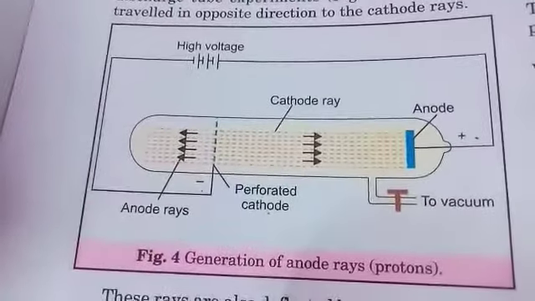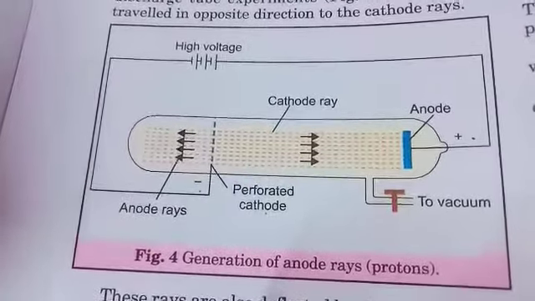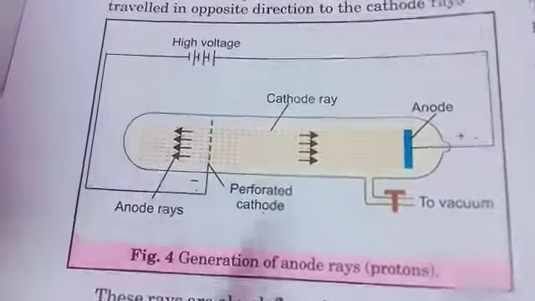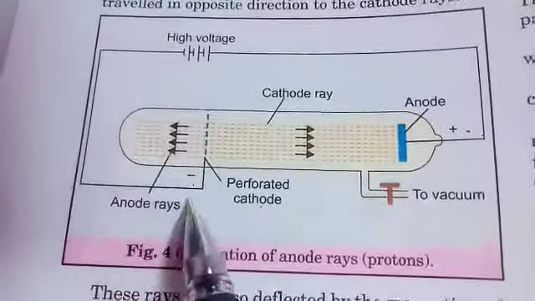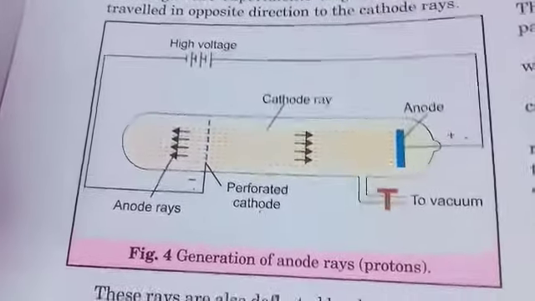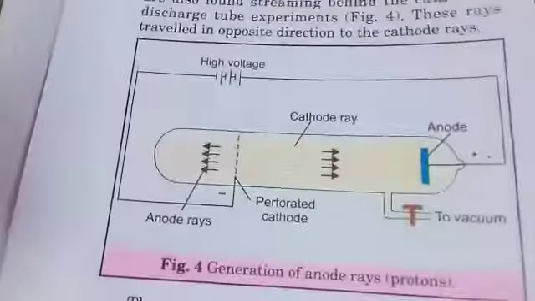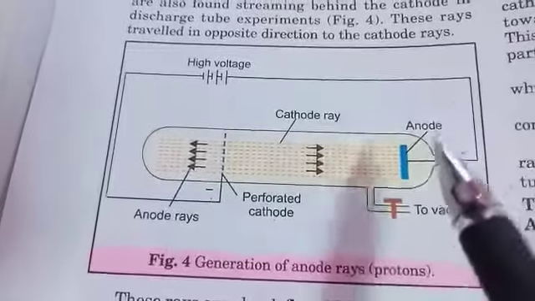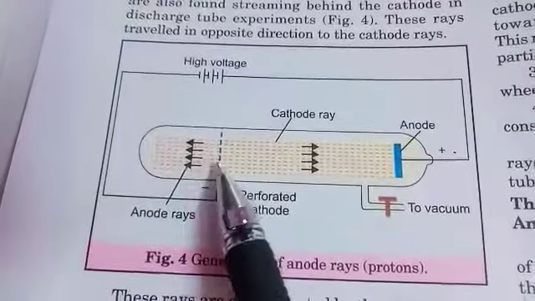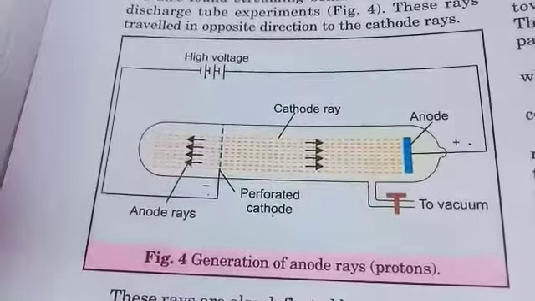But when he passed electricity of high voltage at very low pressure, he observed that this ZnS wall started glowing. So this shows that some invisible rays arise from the anode and move towards the cathode through these canals and then strike the ZnS wall, and the wall started glowing.